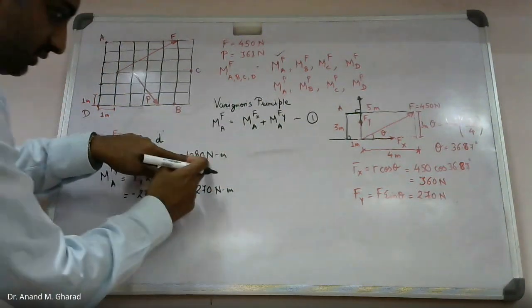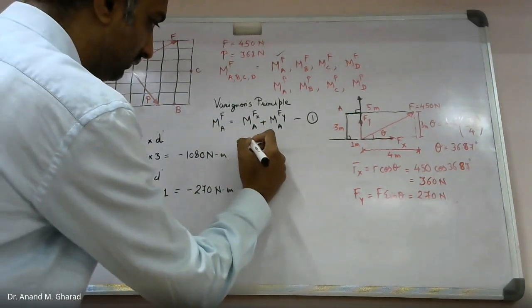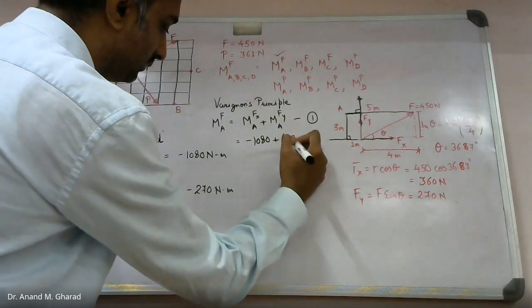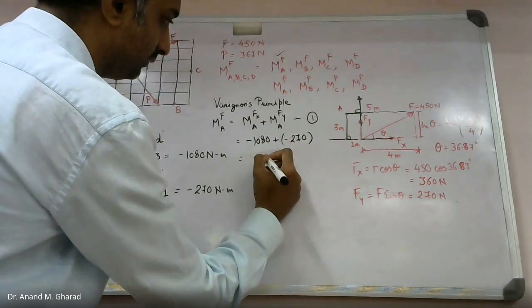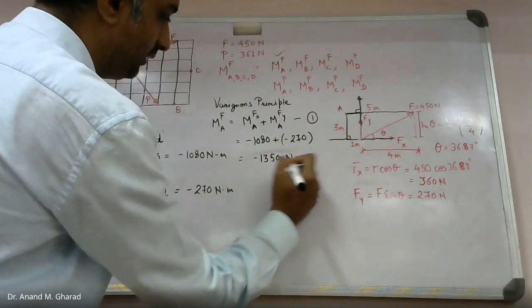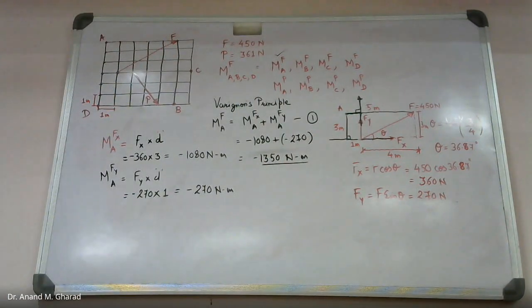Finally, you substitute these two values in this equation 1 and find the final value. 1350 Newton meter. Don't forget to write Newton meter, since it is a moment. Got it? Understood? Yes, sir.